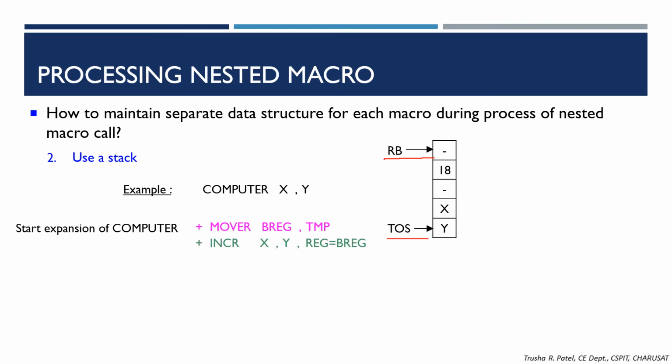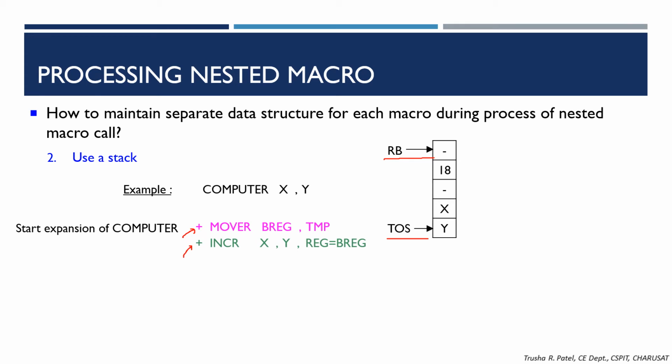Now some code will be generated. Here pink indicates that it's a normal statement, but green indicates that this is the call of another macro. So right now I am expanding one macro, and inside that I have a call for another macro. That means it's a nested macro call.